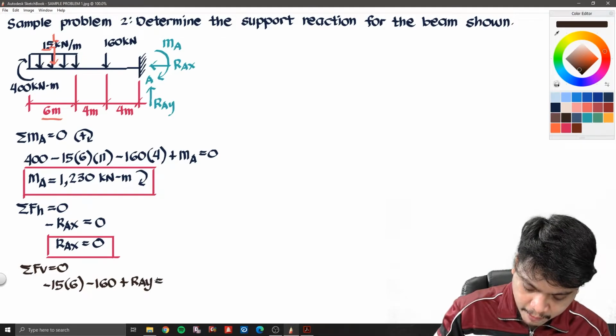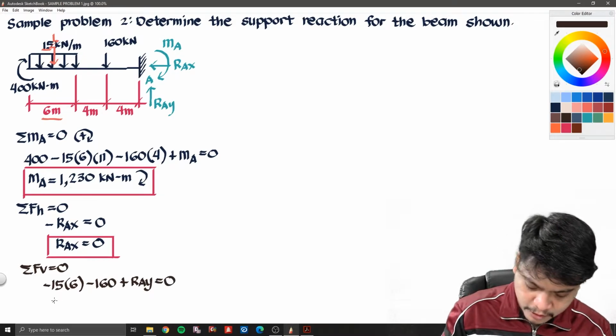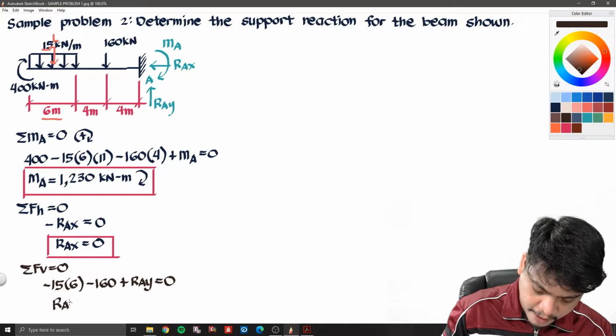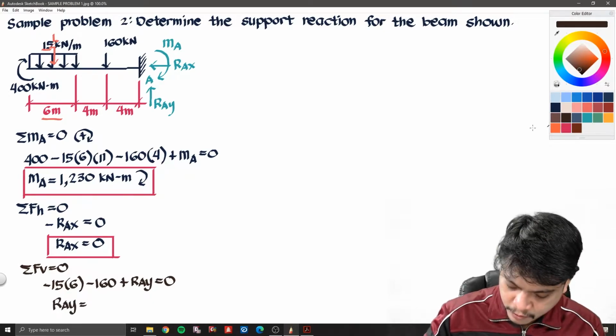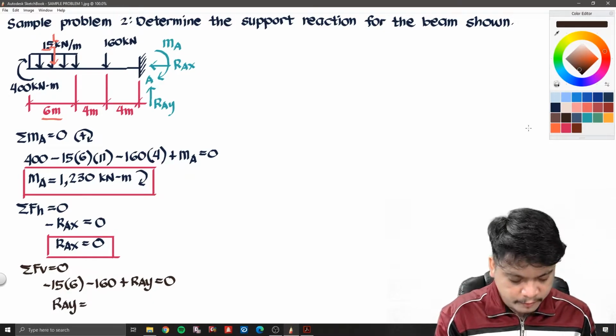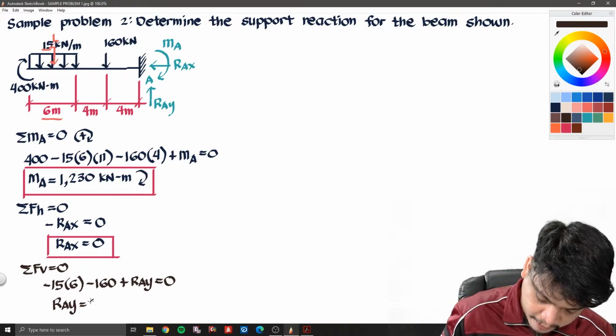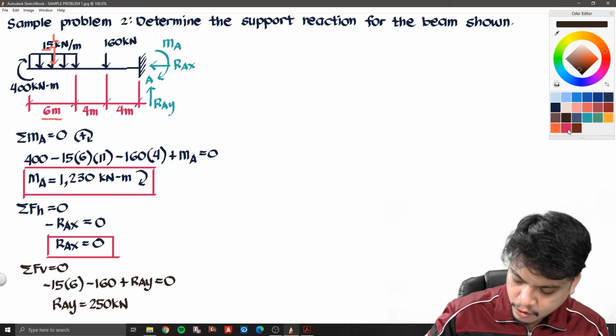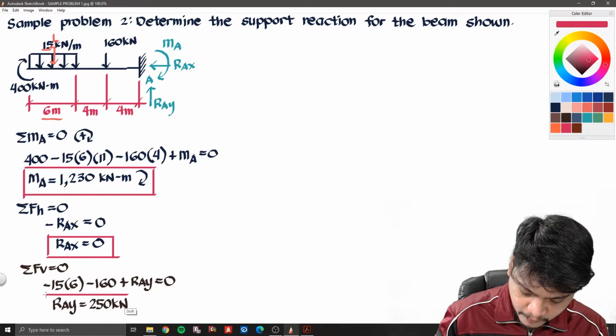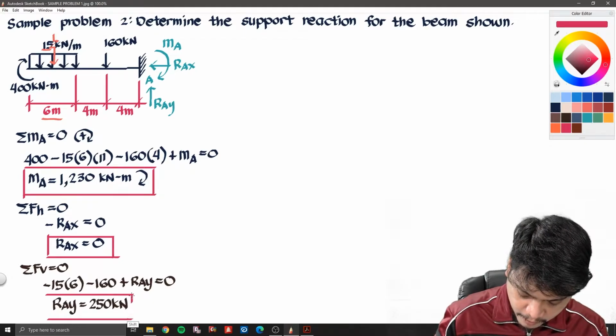Okay, you have no other forces, so that would become equal to 0. So you will now have RAY is equal to 15 times 6 plus 160. So you will be having here 250 kilonewton. So this is now the answer for the next problem.